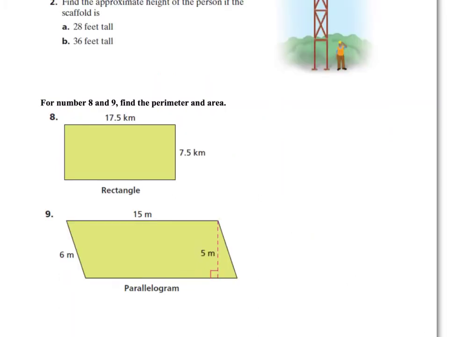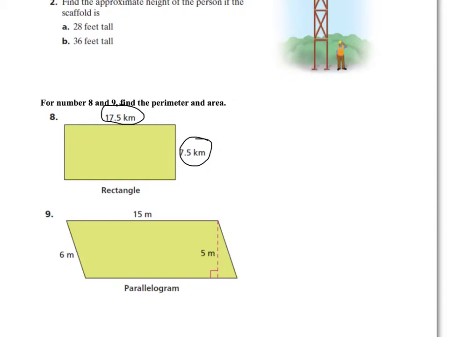Okay, now for numbers 8 and 9, we need to find the perimeter and the area. So for number 8, the height of this rectangle is 7.5 kilometers, and the width is 17.5 kilometers.